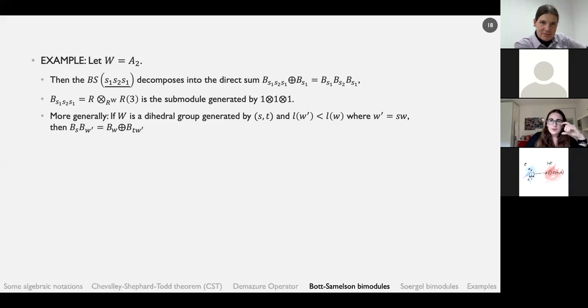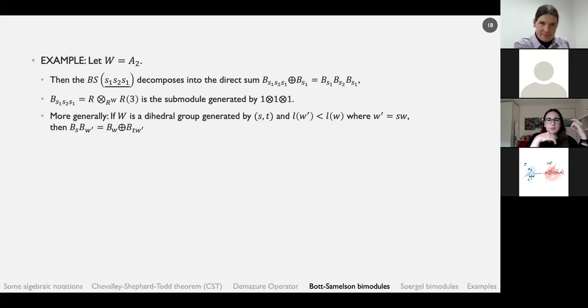And here we use that BS(s1 s2 s1) is equal to R with the tensor product over R^W and R with a shifting grading of 3. And this is a submodule which is generated by 1 tensor 1 tensor 1.